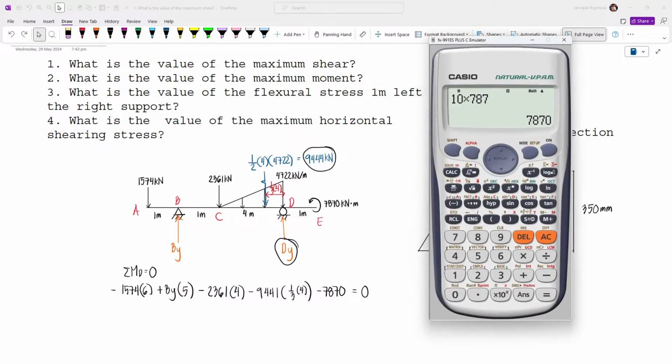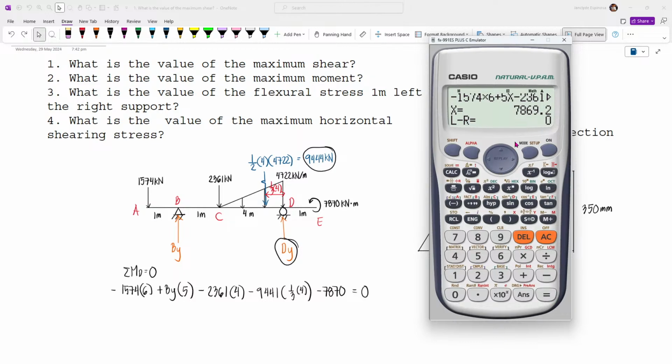So let's input that here. Minus 1574 times 6 plus 5x minus 2361 times 4 minus 9444 times 4/3 minus 7870. Set that to 0, we have 7869.2.